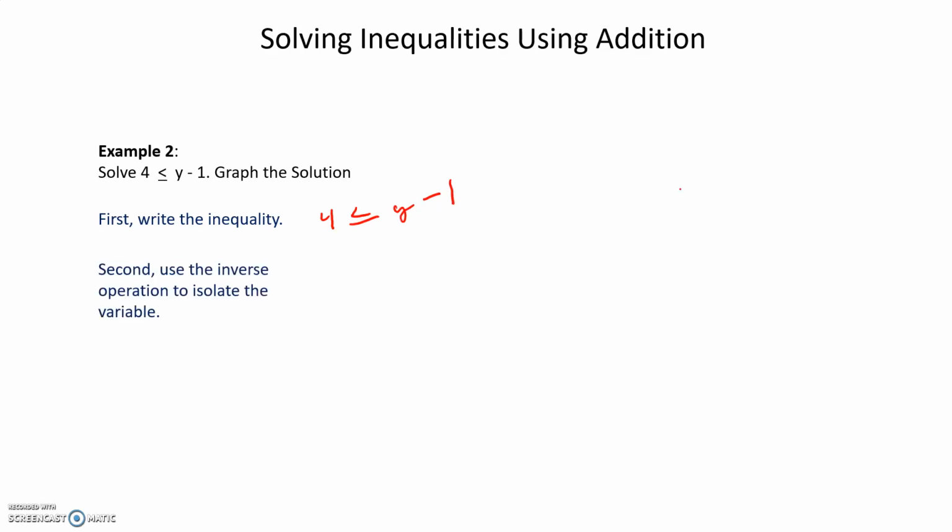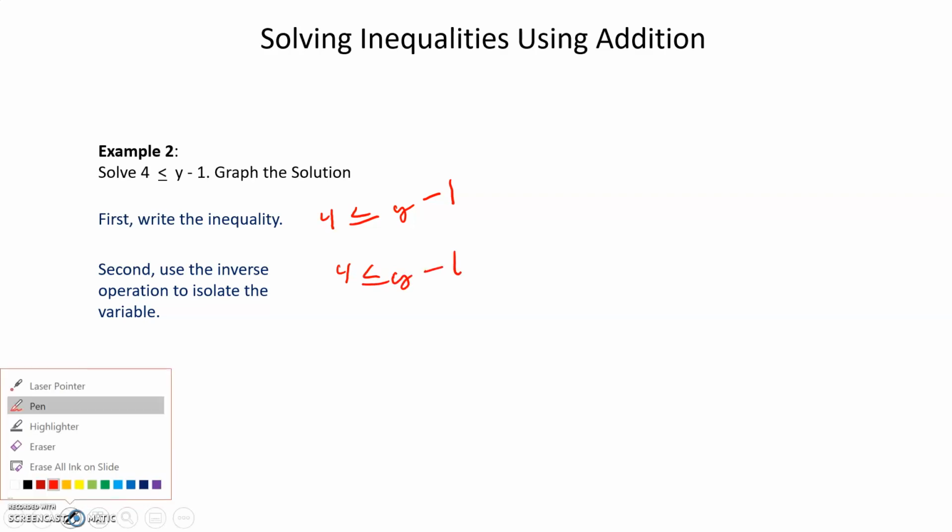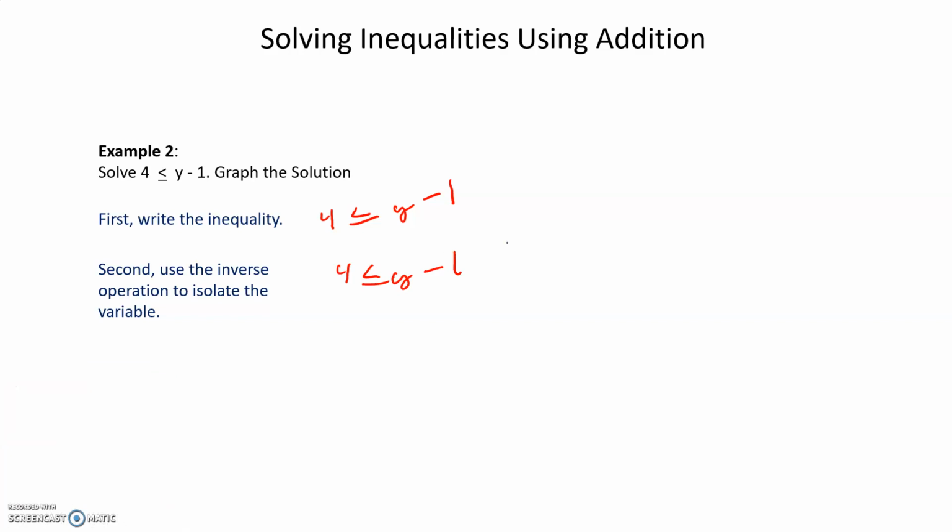So example number 2, 4 is less than or equal to y minus 1. So first write the inequality. 4 less than or equal to y minus 1. Okay, solve the inequality. So I'm just going to rewrite it. 4 is less than or equal to y minus 1, and then I'm going to use the inverse operation of minus 1, and I'm going to add 1 to both sides.